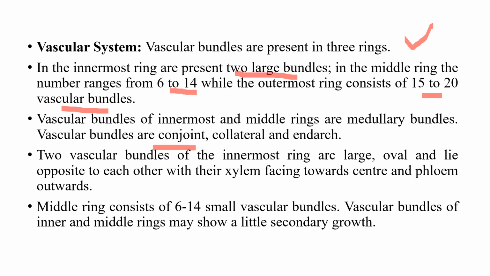Vascular bundles are all conjoint, collateral and endarch. Endarch means the protoxylems are present towards the inside and metaxylem towards the outside.